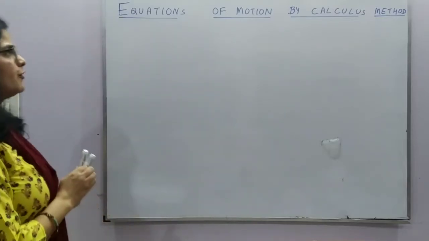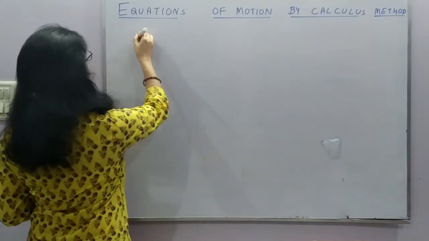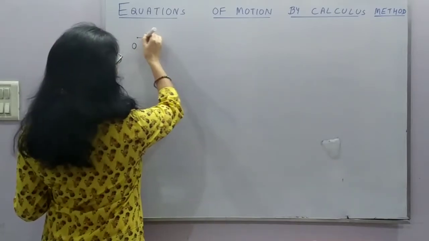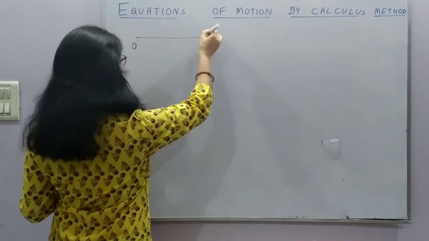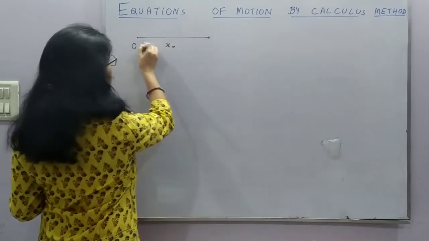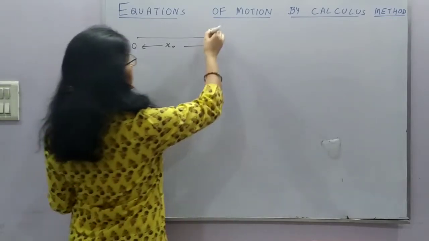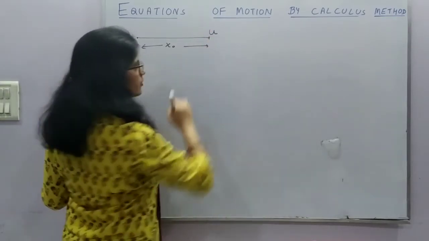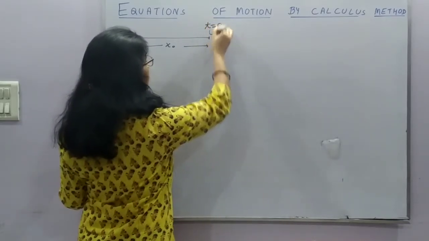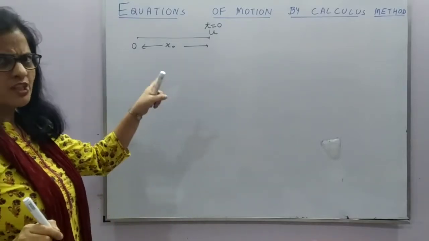Now for that, we know that we had a general case where we had considered this motion to start from 0 and at some point the body reached. At that point the initial position from the origin was x0 and at that time the initial velocity is u and time was considered to be 0 at this point, right? I had taken the example of the nearby grocery store.